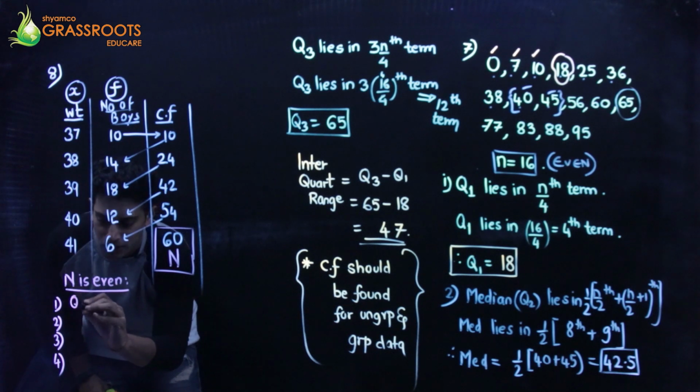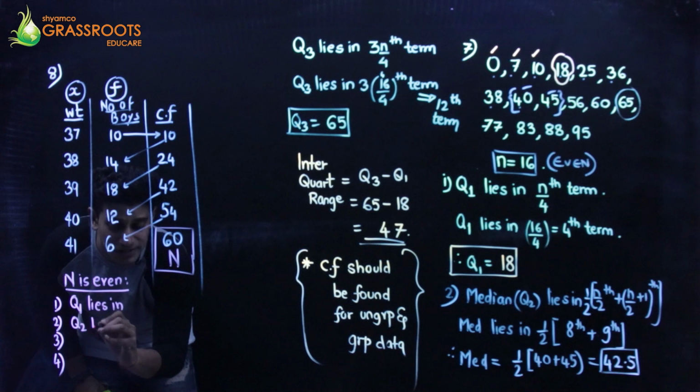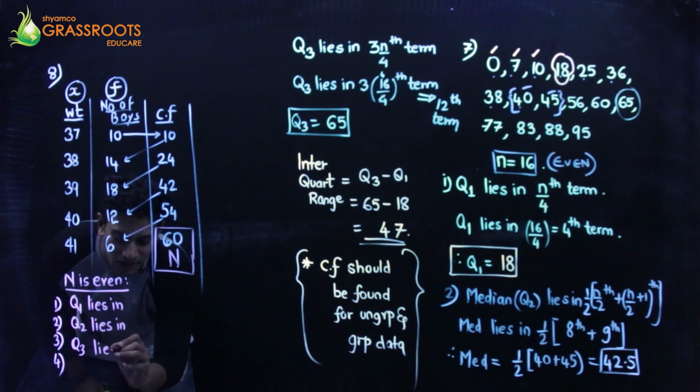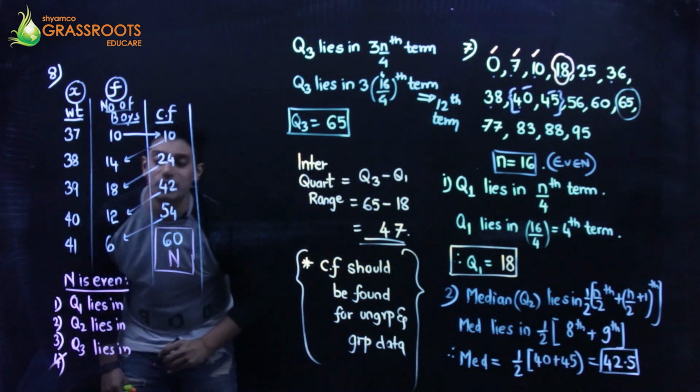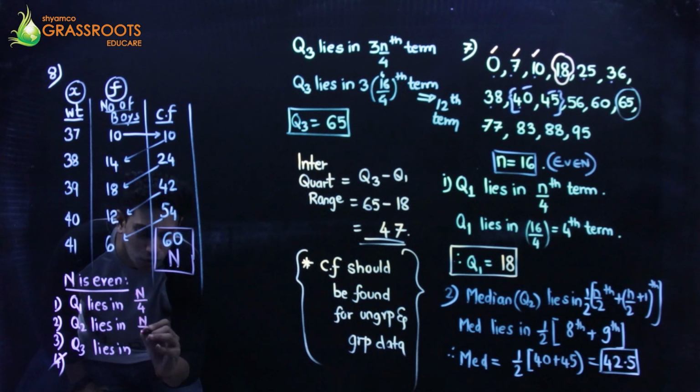First, quartile 1 lies in, quartile 2 which is median lies in, quartile 3 lies in. This we'll do later. What is the formula? The formula is N by 4th term, N by 2th term, 3N by 4th term.